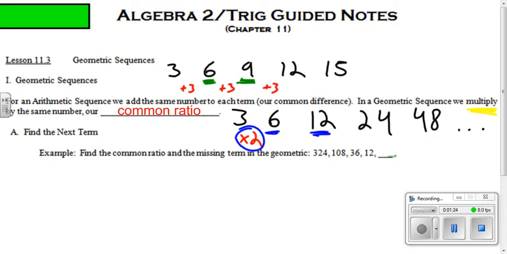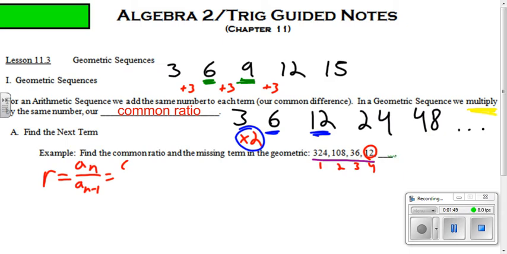So if we wanted to find the common ratio of this particular geometric sequence and use it to find the missing term, I would need to find r, and say that it's a sub n over a sub n minus 1. If I use my a sub n as 12, that is our 4th term.